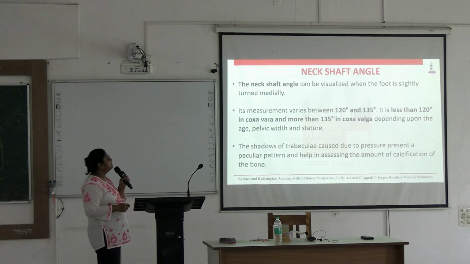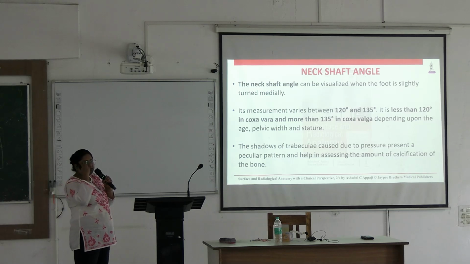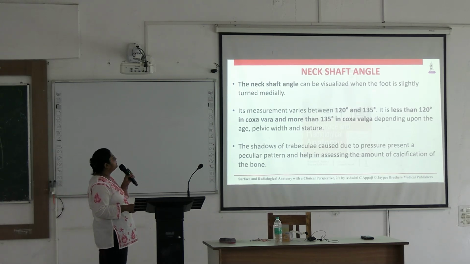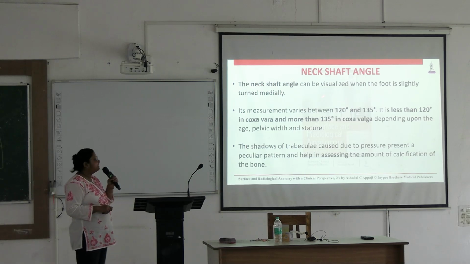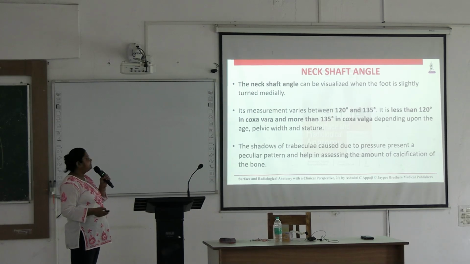Next, we are going to neck shaft angle. Okay, this is very important for your vivas and MCQs. Neck shaft angle can be visualized when the foot is slightly medially turned and it measures about between 120 degree to 135 degree.